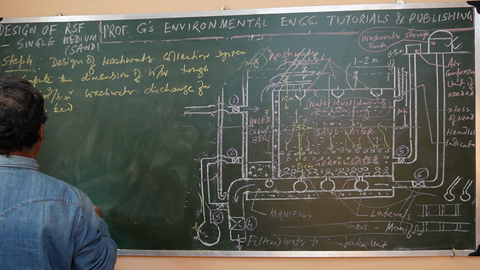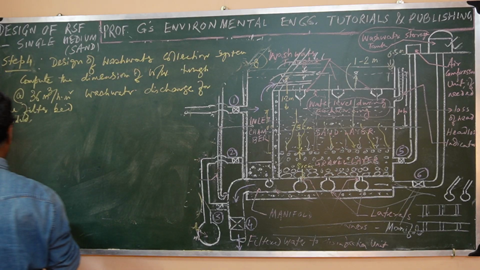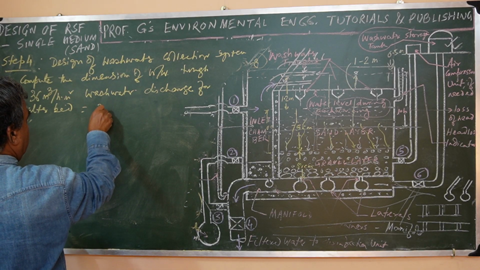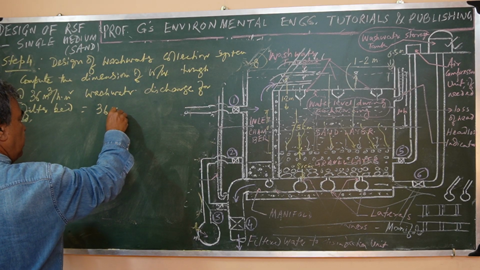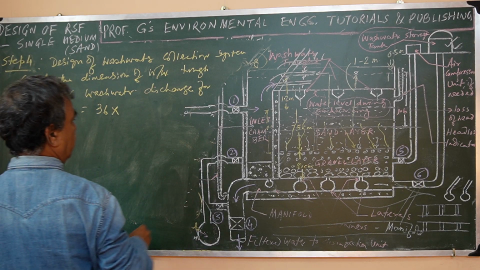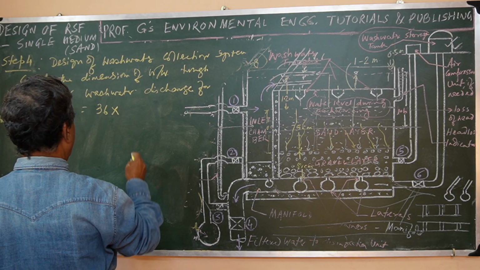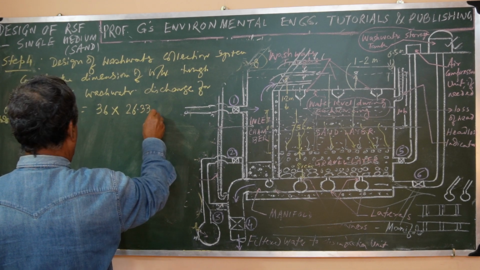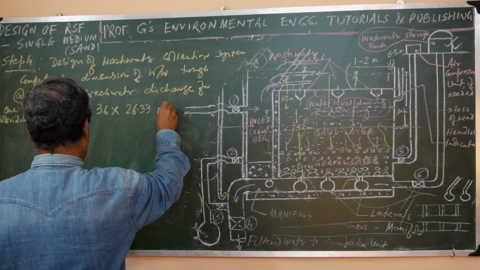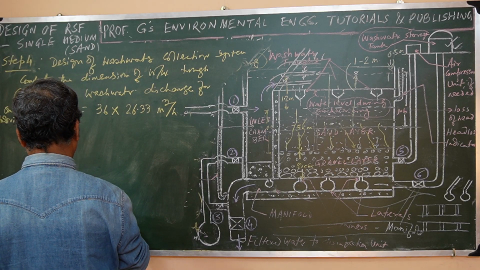So this should be 36 into each bed area. The bed has got, we calculated earlier, I am not repeating this one, 26.33 meters cube per hour or so, right?